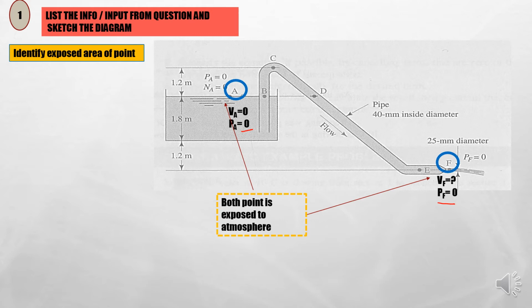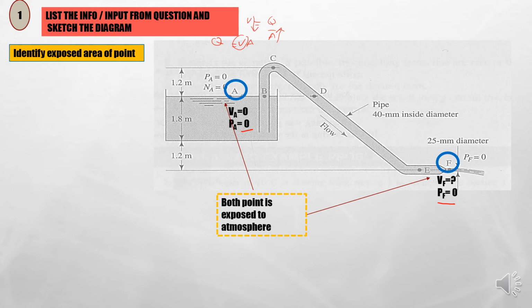We can assume VA equals 0 because the area here is big. If Q equals VA, then to find V it becomes V equals Q over A. As the area is bigger, the velocity will be smaller. That's why we assume V at this point is 0.